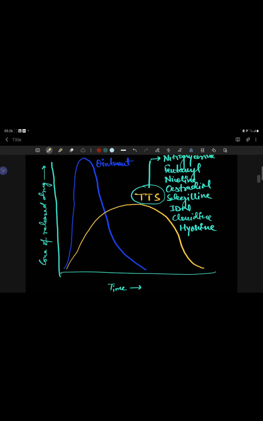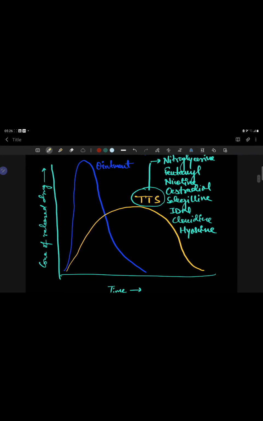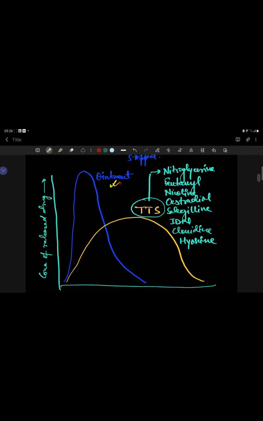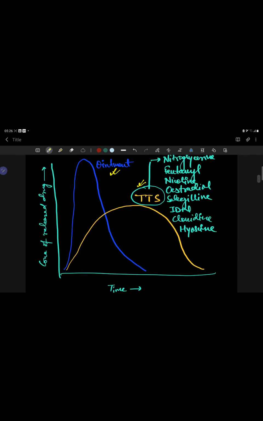Okay, next. Now concentration of drug released versus time. In case of ointment and transdermal system, this is how it looks.